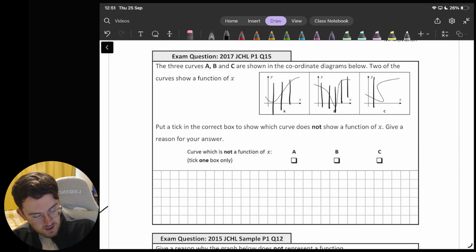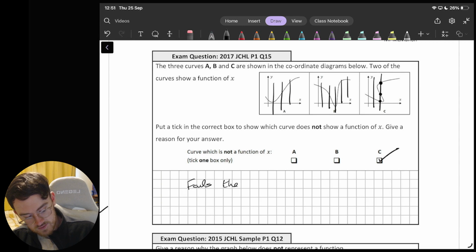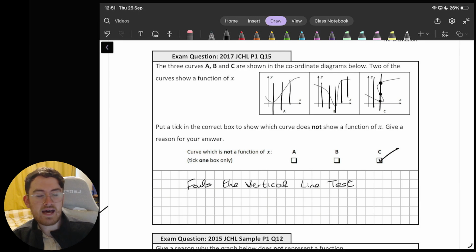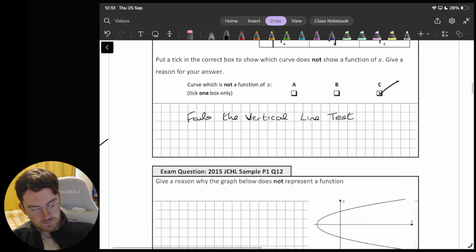If we look at C here, I am able to draw a line that cuts the graph in more than one place. So therefore C is not a function, and we could give our reason as fails the vertical line test. This is our common test for whether something is a function or not. If it is a function, it will pass the test, it will only cut it once.